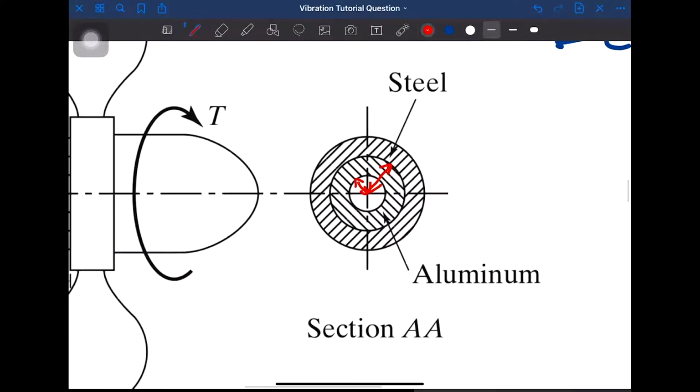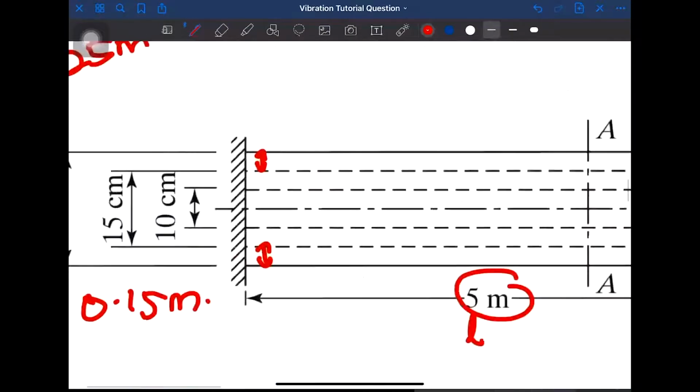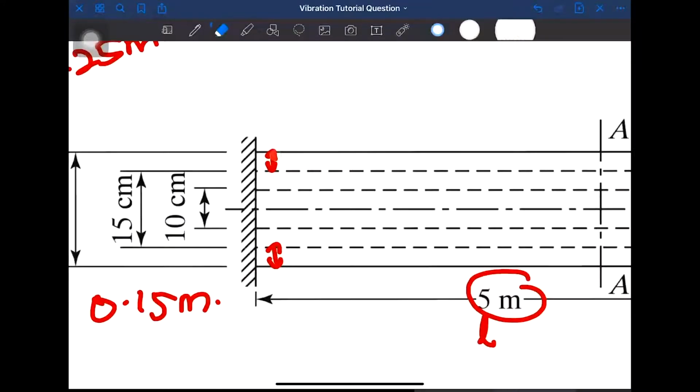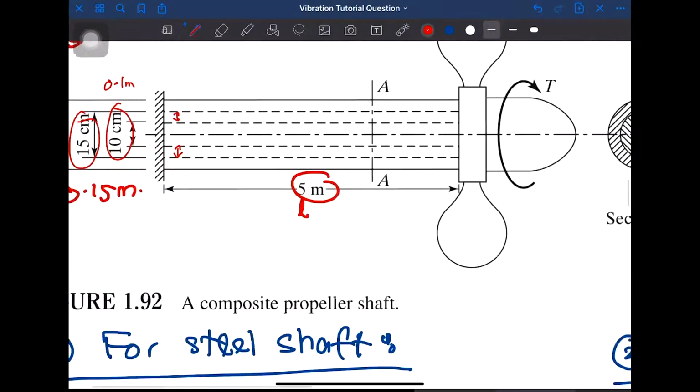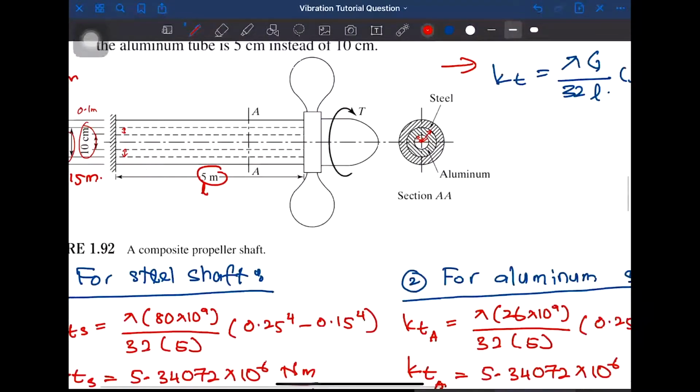Which means the big diameter for aluminium is 15 cm, and the small diameter for aluminium is 10 cm, 0.1 meter.